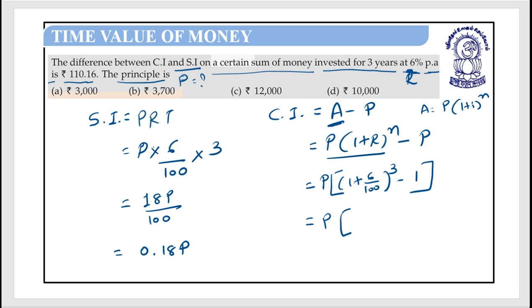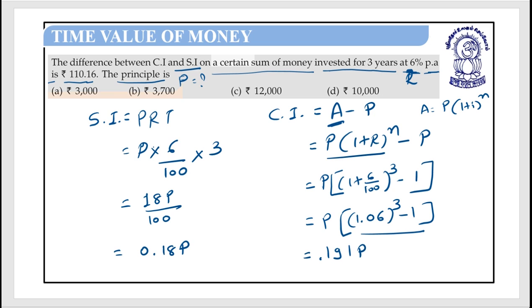P, it is 100 plus 6, 106 by 100. So 1.06 cube minus 1 is equal to, solve by calculator, we will get 0.191 P.